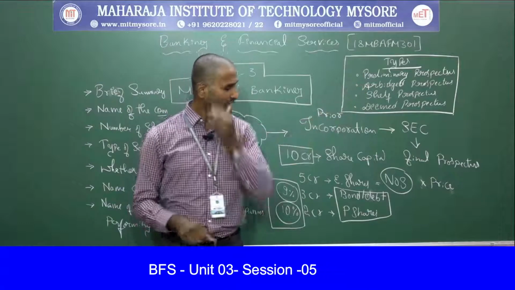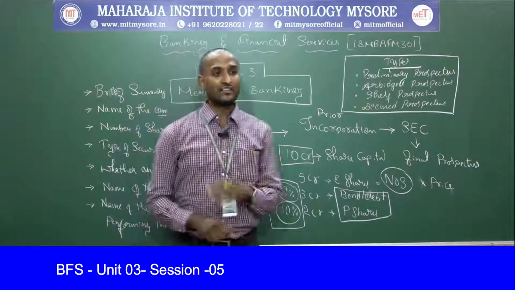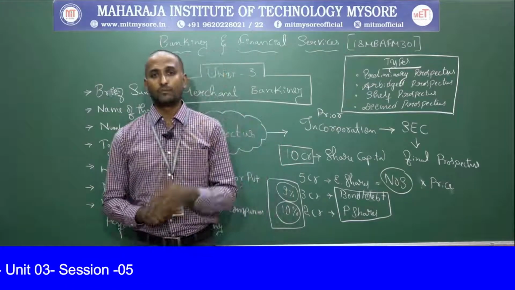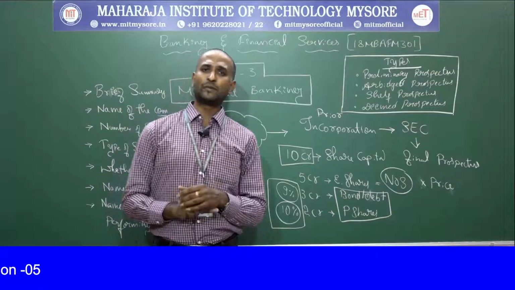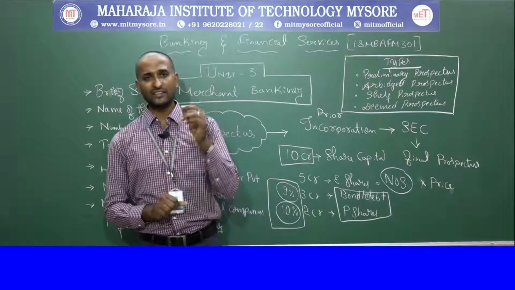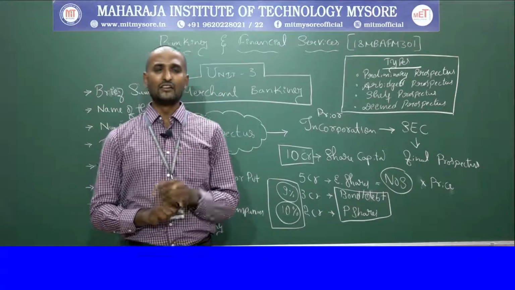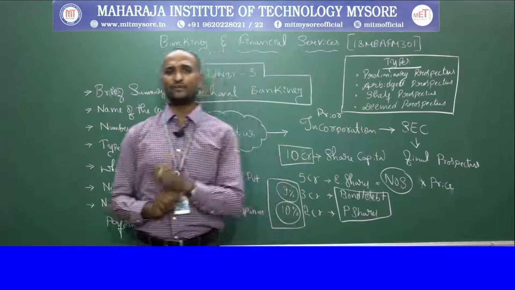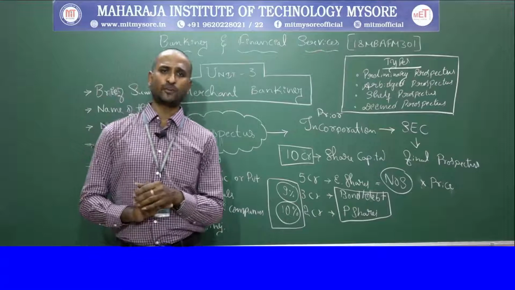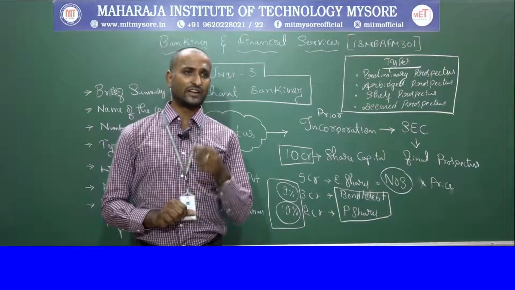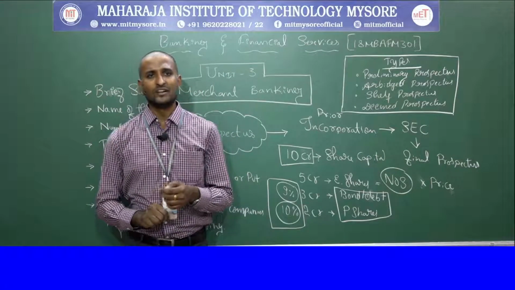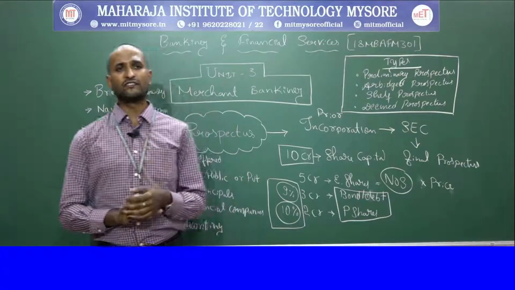Then coming to the second one, the arbitrage prospectus. An arbitrage prospectus basically includes a summary of a prospectus. It contains all the important features of a prospectus in a condensed and reader-friendly version.